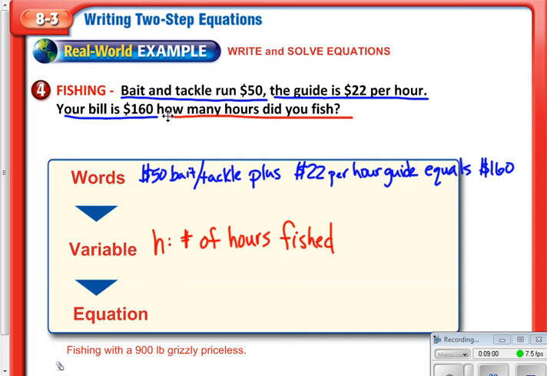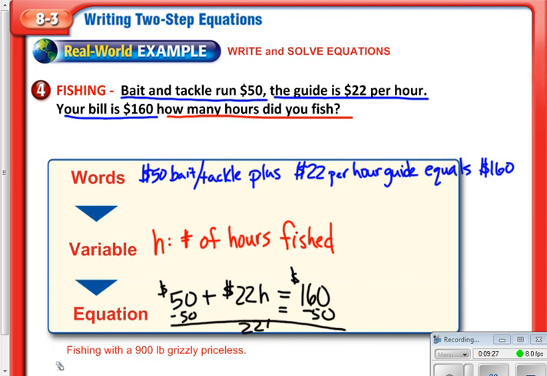The equation that we have here, well, we have $50 plus our $22 per hour for our guide service, and this is going to equal our total bill of 160. We need to get H alone, subtract both sides by 50.